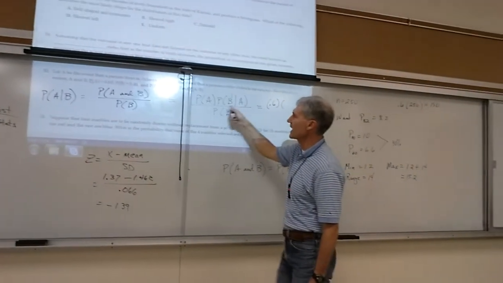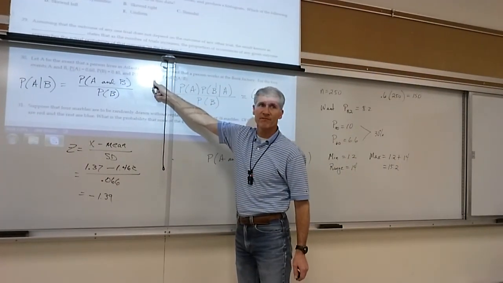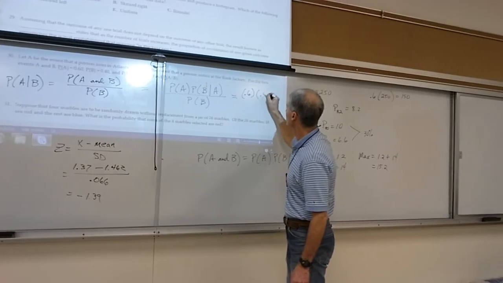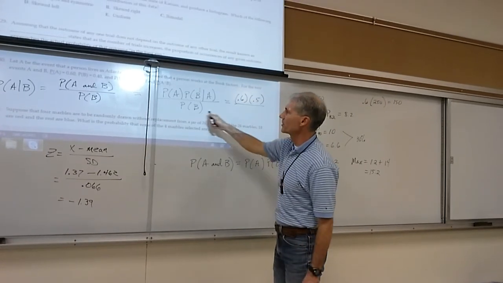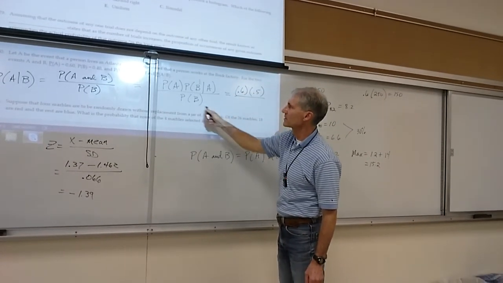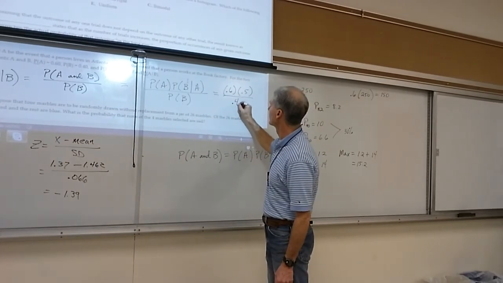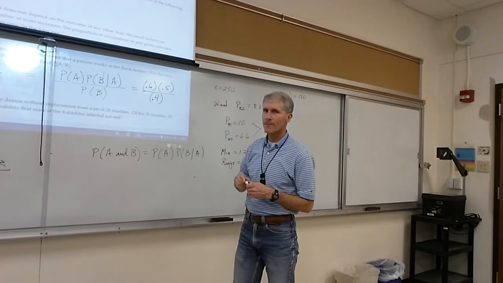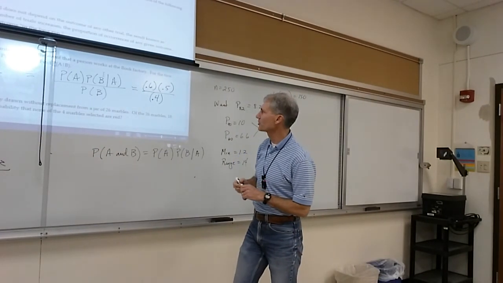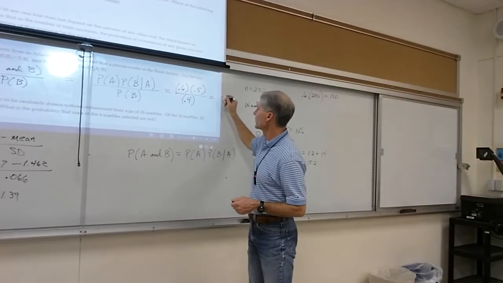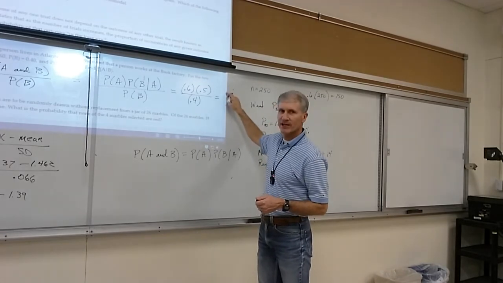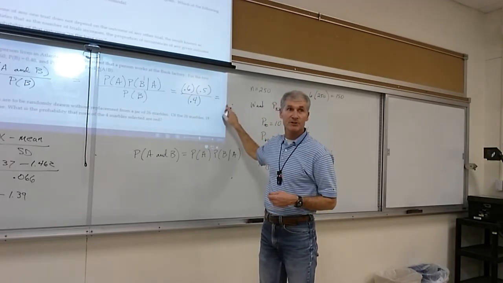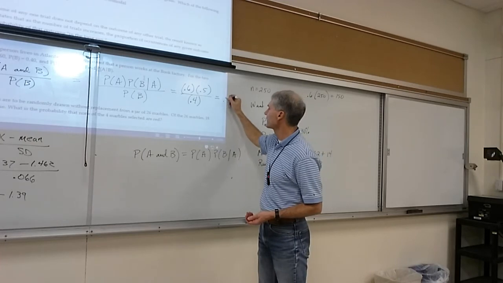Probability of B given A, they tell me, is 0.5. And the probability of B is 0.4. So you can multiply all that out on your calculator, and what you'll get is 0.3 over 0.4, which is 3/4, or 0.75.